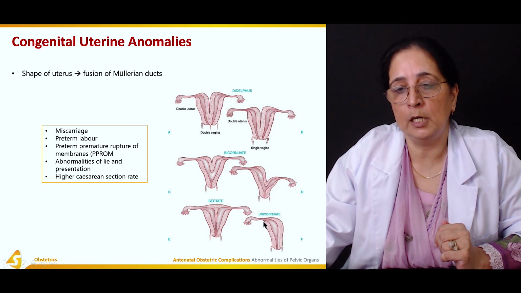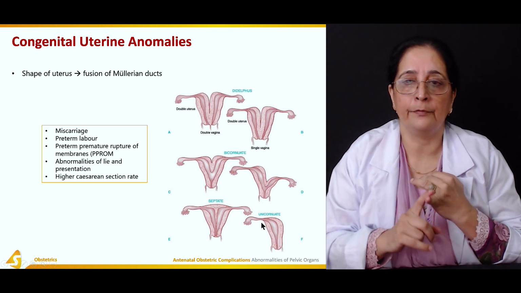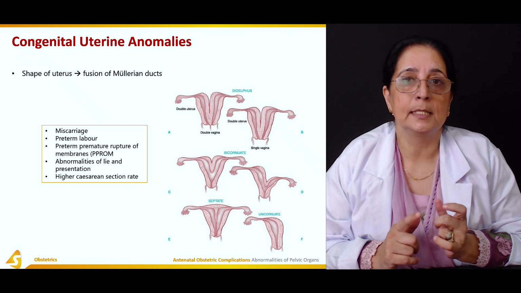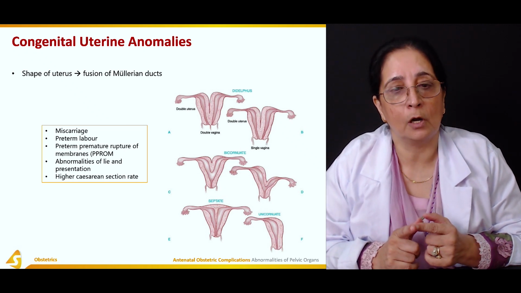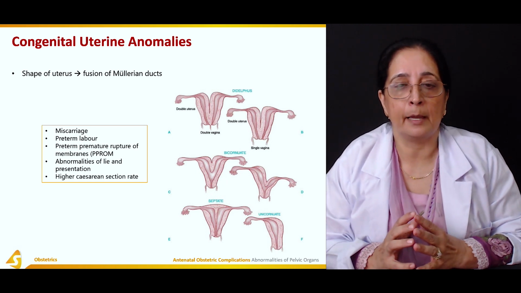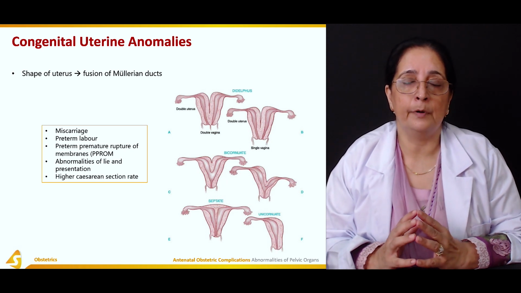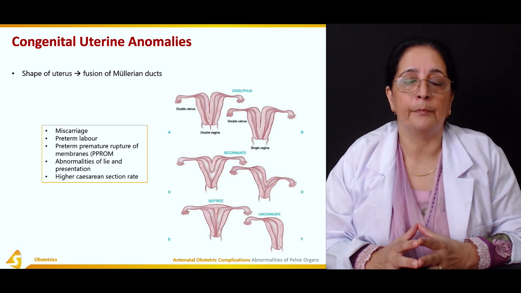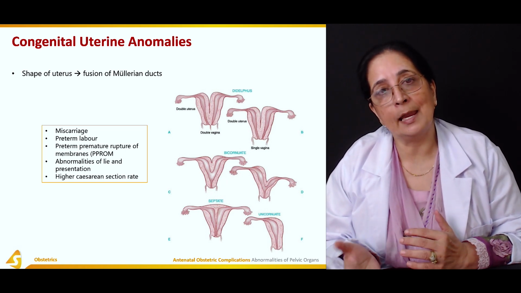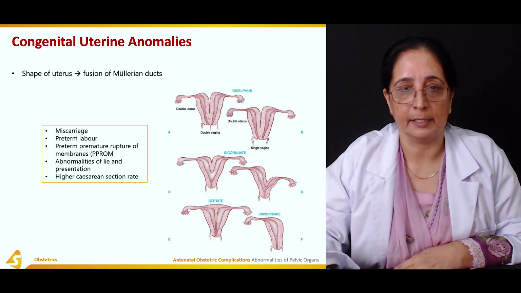There is only one cornua. So we have didelphys, bicornuate, septate, and unicornuate. All these are congenital uterine abnormalities that lead to preterm labor, premature rupture of membrane, miscarriages, abnormality of lie and presentation, and high C-section rate.